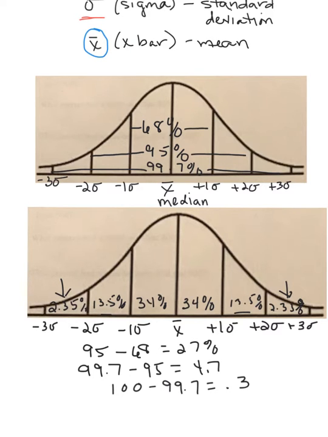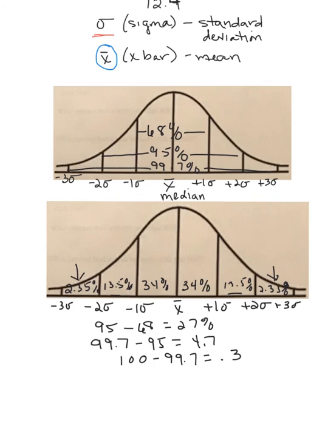If we split that in half, that means that each of these tails is 0.15% of the data. These percentages are always true if you know that you have a normal distribution.